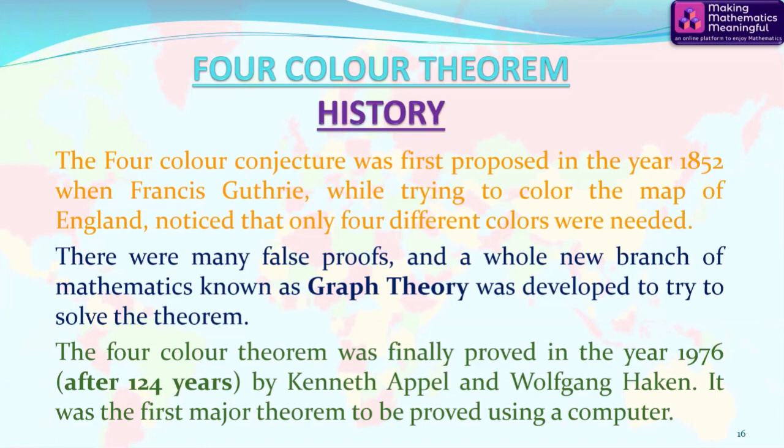There were many false proofs, and a whole new branch of mathematics known as graph theory was developed to try to solve the theorem. The 4 color theorem was finally proved in the year 1976, after 124 years, by Kenneth Appel and Wolfgang Haken. It was the first major theorem to be proved using a computer.